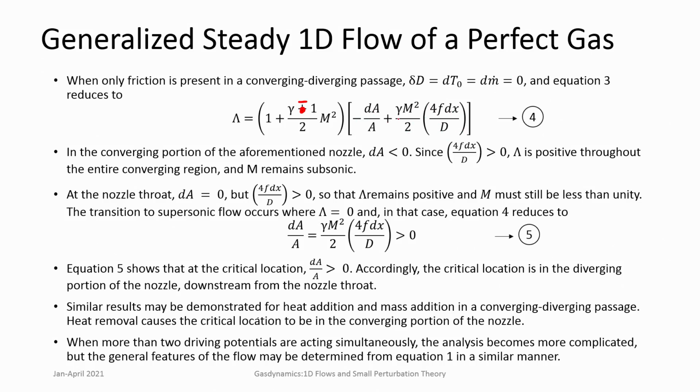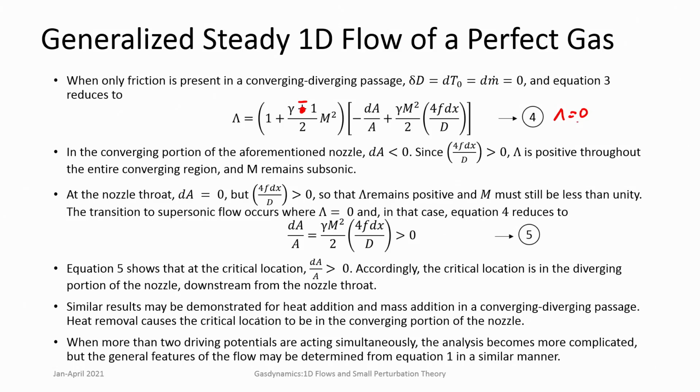If there was no friction at all, then it is only due to changes in area, and we know that the critical point occurs at the minimum area, which is at the throat. But if there is friction also added along with that, then the critical point should occur when lambda is equal to 0.